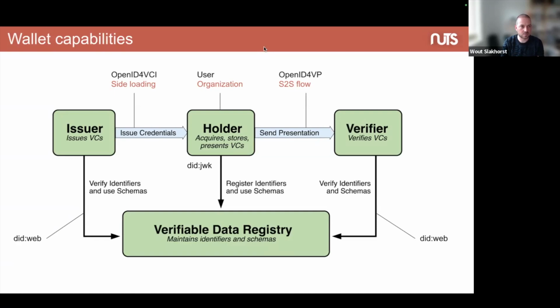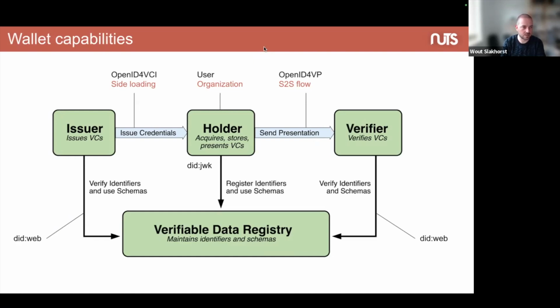I added some tags here, in black and some in red. The black ones are what the wallet, the NUTS node, will support or currently supports based on standards. So OpenID for VP is already working.